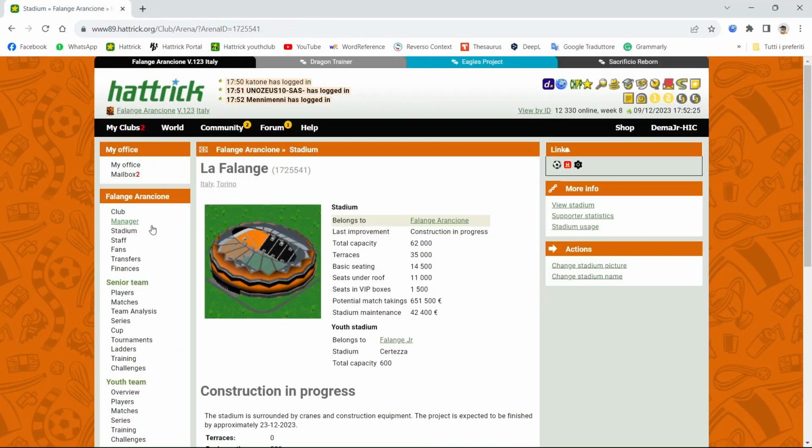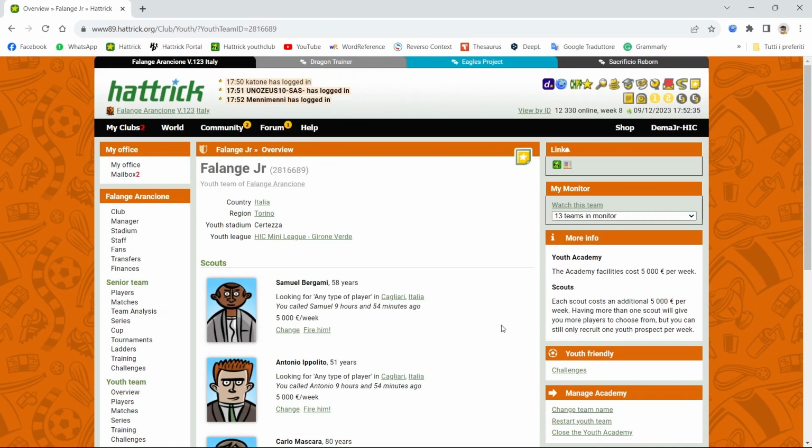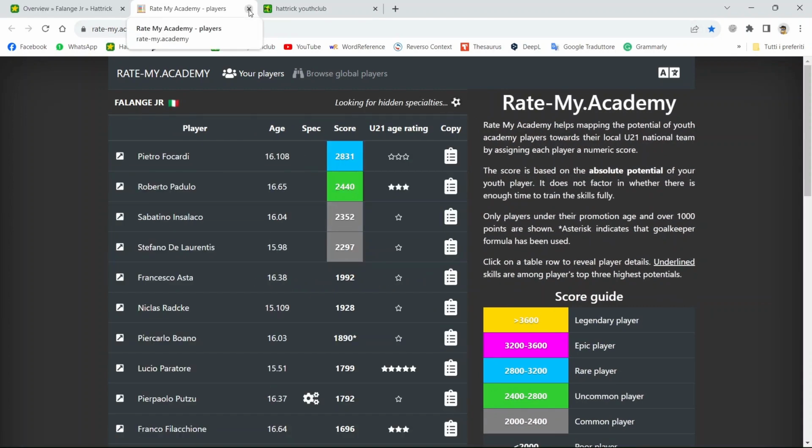If we go to the youth team overview, we can go directly to Youth Club or Rate My Academy, the two main tools that support us in youth club management.